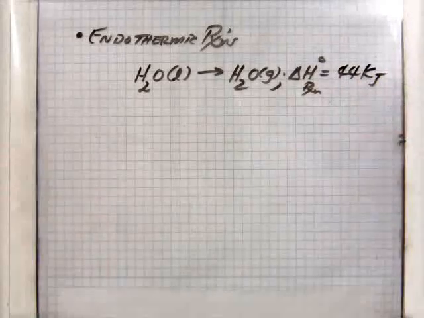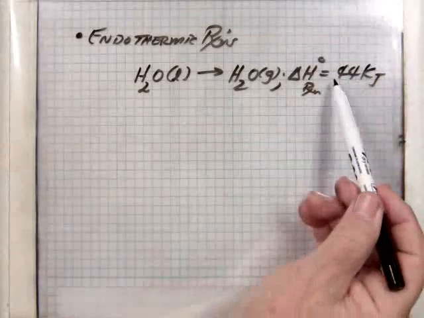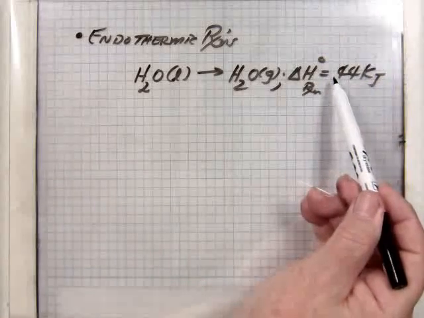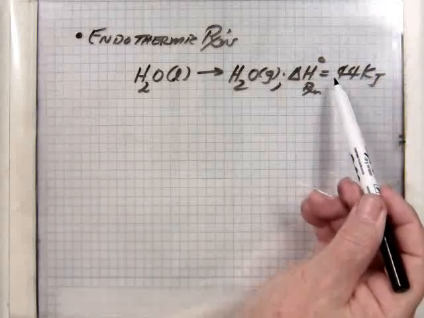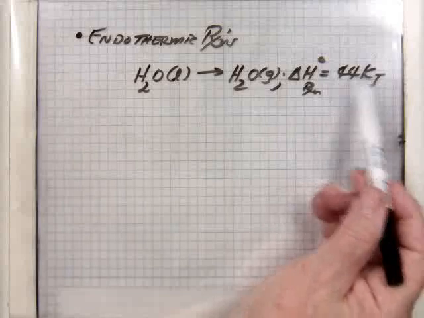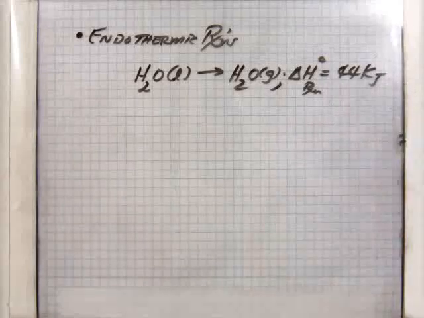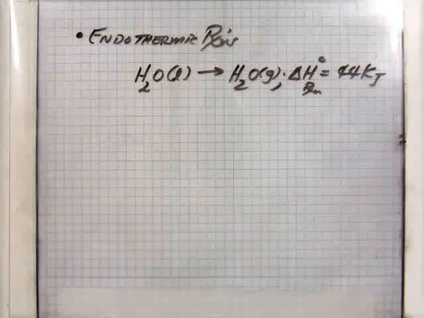Now, notice it is endothermic because it is plus. You do not have to write the plus symbol into the notation. The fact that there's nothing there indicates it's positive. If it's the other case, of course, it'll be a little minus sign there.